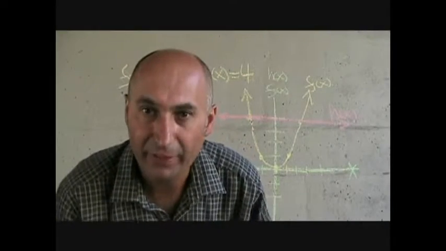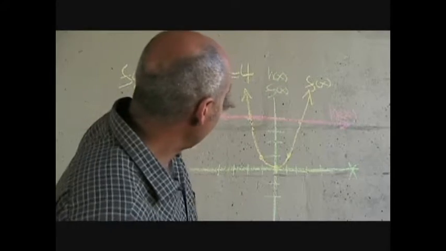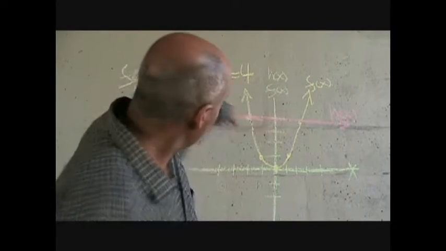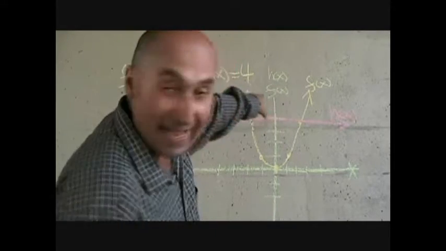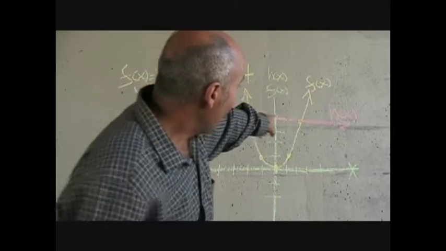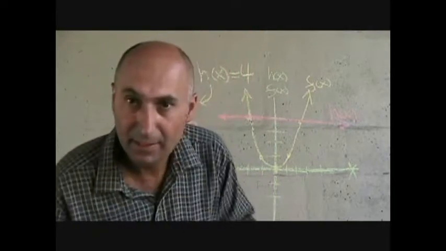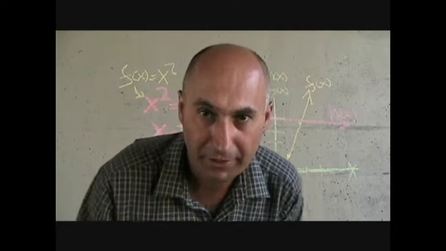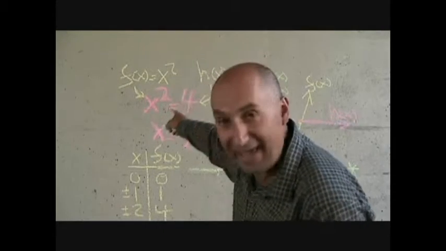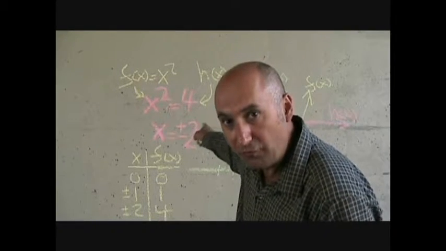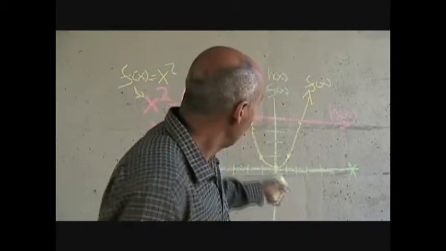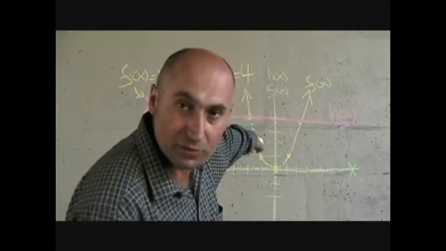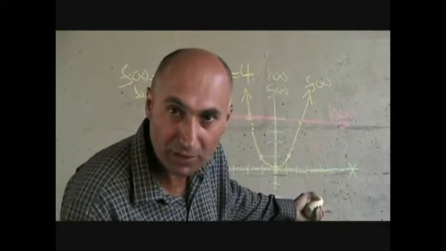So what we have right now, we just graphed h of x is equal to 4, right? And the y-axis is both h of x and f of x, right? And what we end up getting is, we're answering the question of when is x squared equal to 4? It happens at those two coordinates, when the two functions cross each other, right?